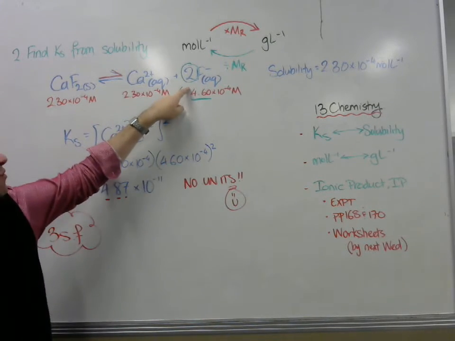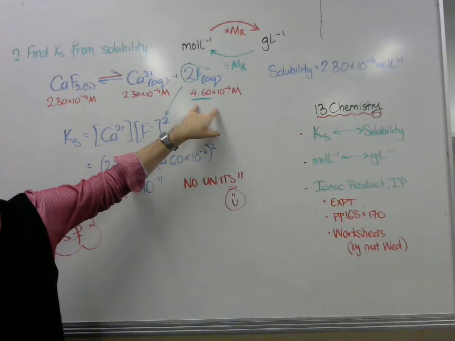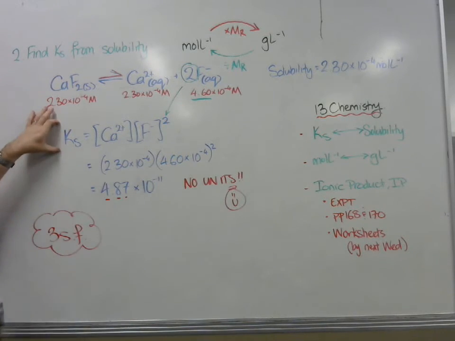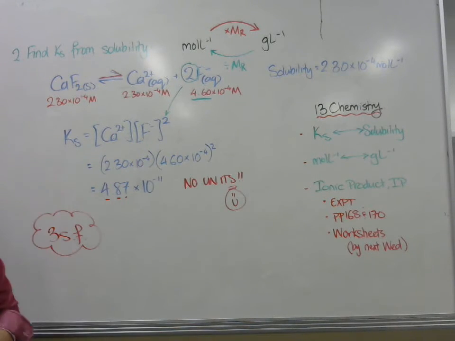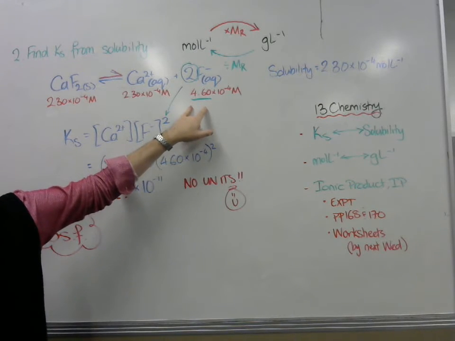But notice the 2 in front of here. I have to double this value for this one. And that might help you understand what I just did before with the 2s thing. Then I write my Ks expression, and I just simply plug those numbers in. Now the biggest error that students make in exams is they forget to double that number before they put it there.